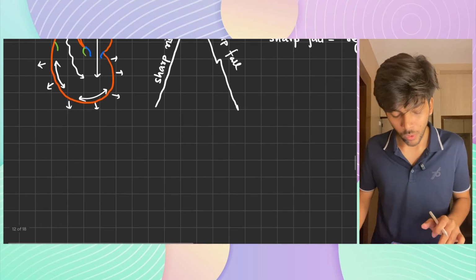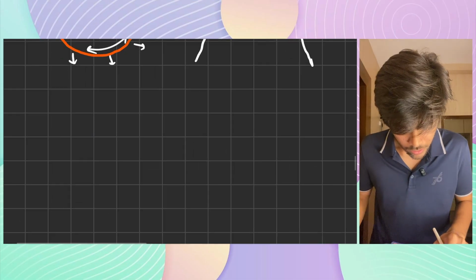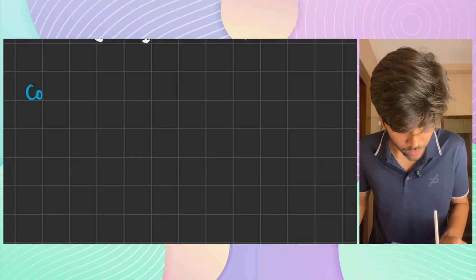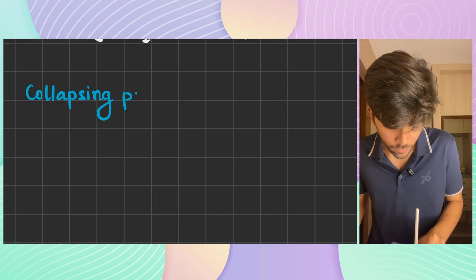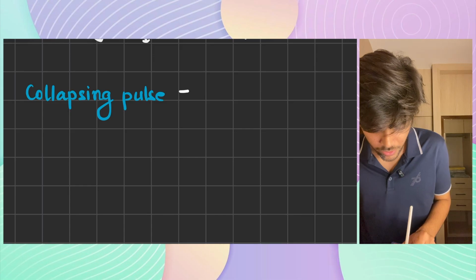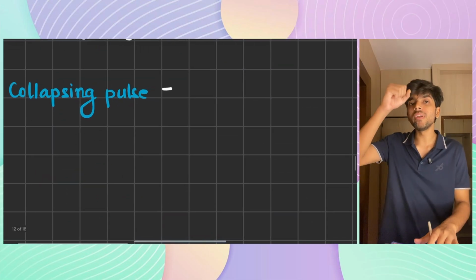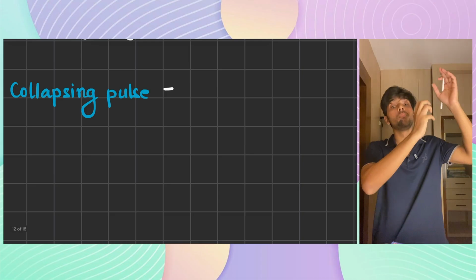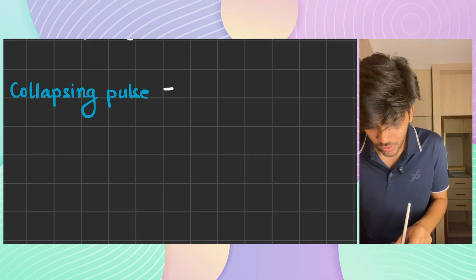Now, what are the various names given to it? Waterhammer pulse is referred to as collapsing pulse because when the ventricle relaxes, there is a sudden drop in blood pressure as the blood falls back suddenly.